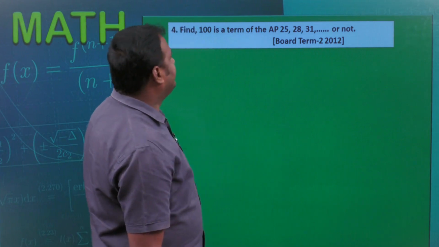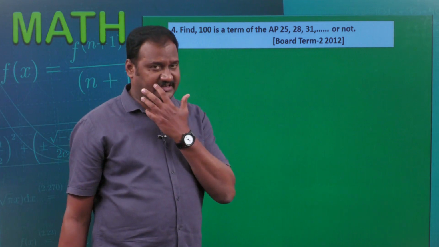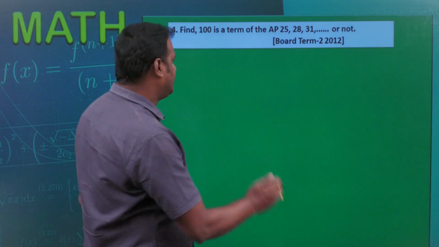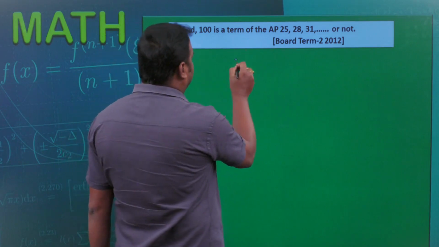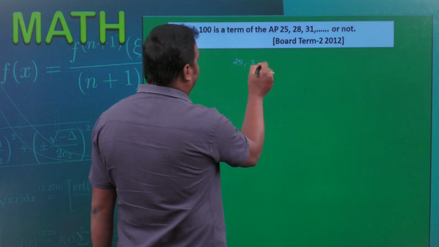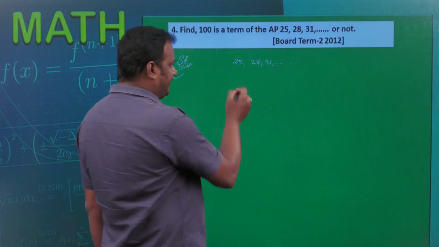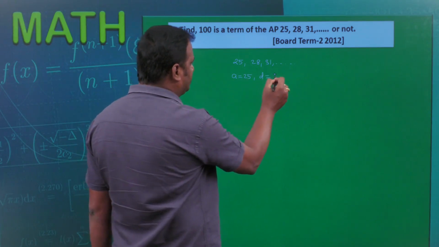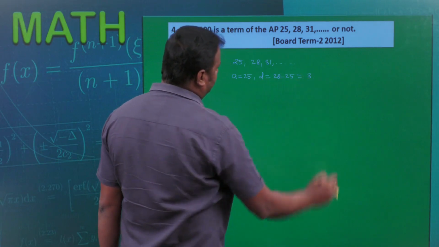Find whether 100 is a term of this arithmetic progression or not. I think we just discussed this kind of problem, whether minus 150 is a term of this arithmetic progression or not. So we follow a similar way here. The arithmetic progression is 25, 28, 31 and so on, where the value of a is 25 and common difference d is equal to 28 minus 25, which is equal to 3.